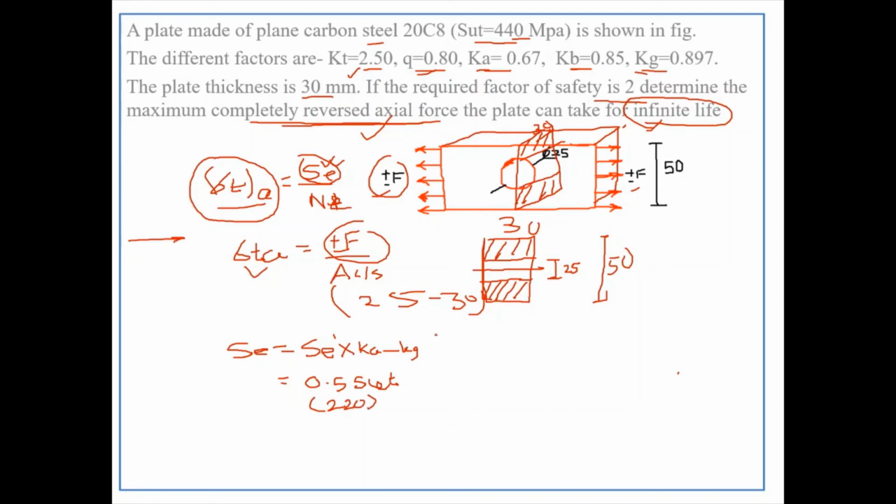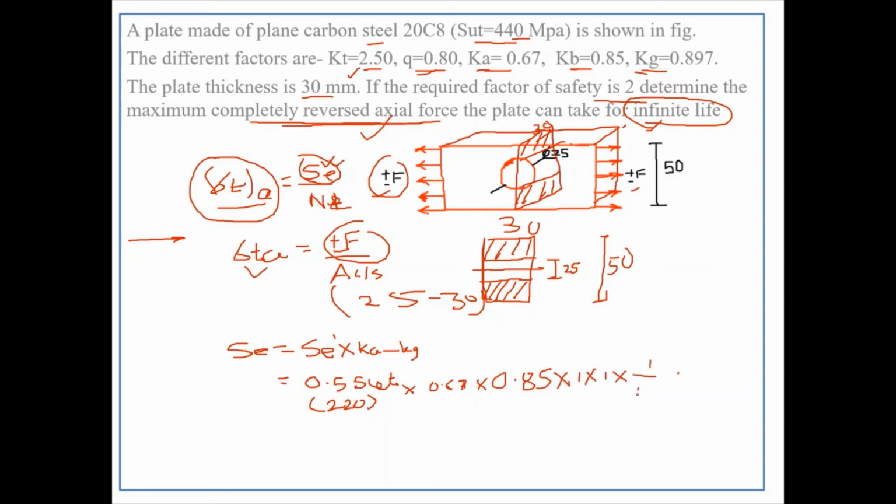Hence 0.5 times 440 megapascal is 220, into Ka, which is equal to 0.67 from the given data in the problem. Then Kb is 0.85, right? Then Kc is unknown, that's why it is equal to 1. Kd is unknown.